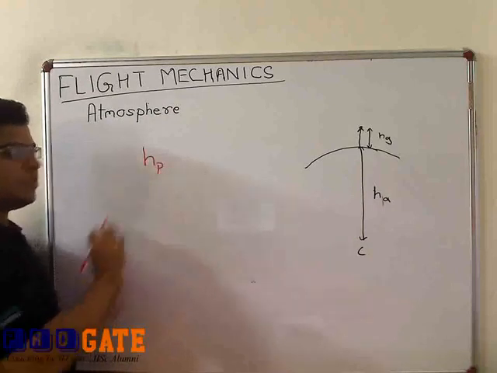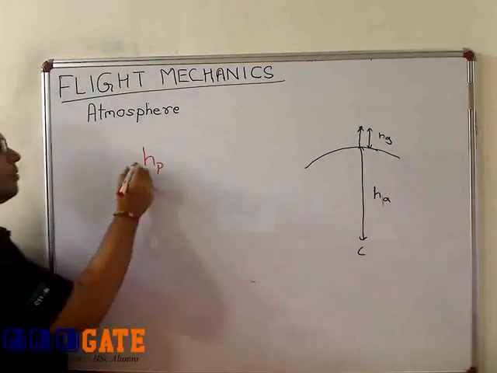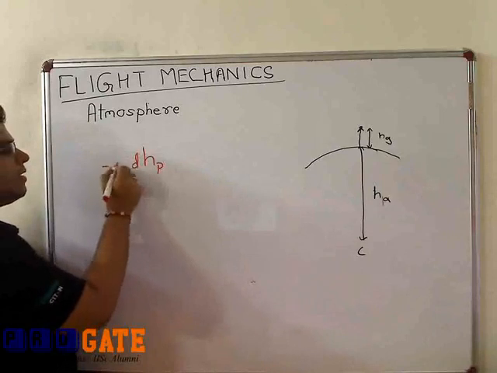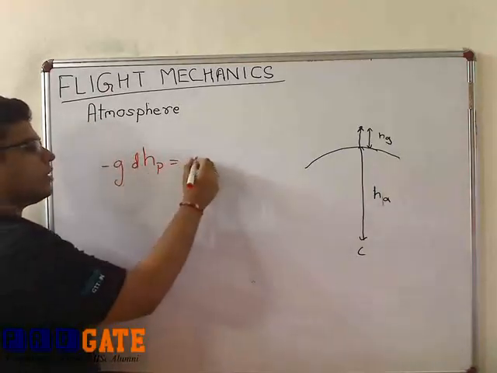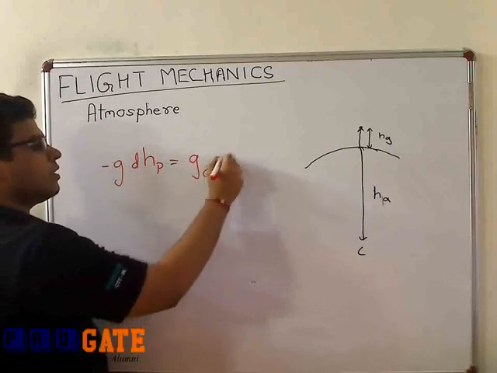So say HP is the geopotential altitude, then we define that minus G dHP is equal to G naught dHG.